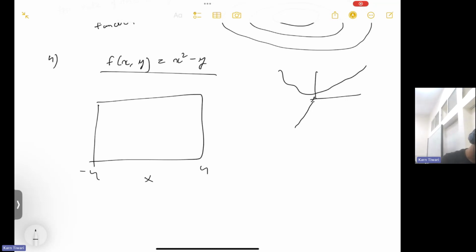This is x, this is y. It's also between -4 to 4. Okay, now suppose my x square minus y is given.